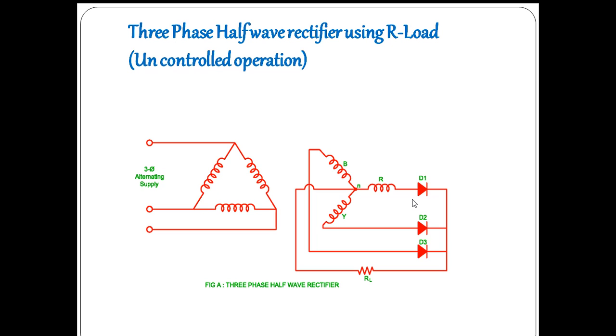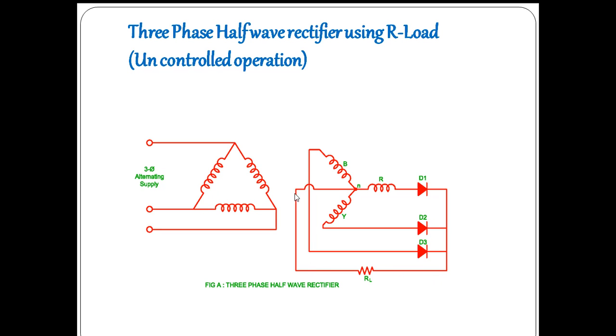Suppose we take an example. Suppose we are getting a supply voltage of plus 30 volts here, here we are getting a voltage of minus 10 volts, and here we are getting a voltage of minus 130 volts. In that case, the diode D1, which is subjected to positive voltage, will be in conduction, and the current will flow through R phase and diode D1.